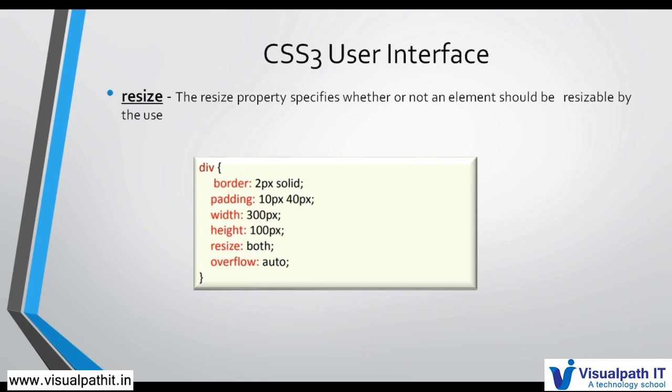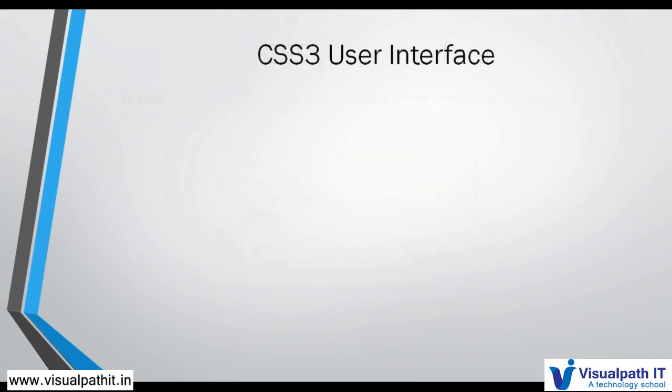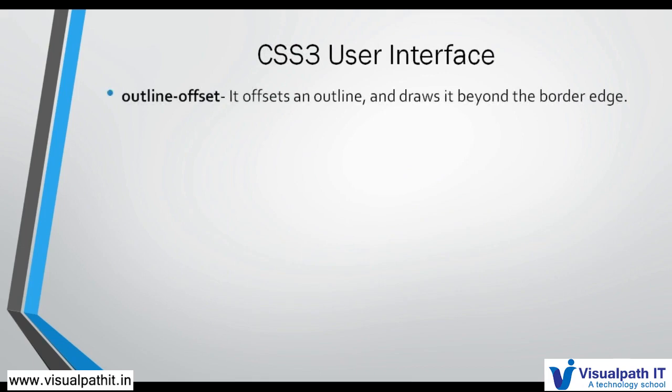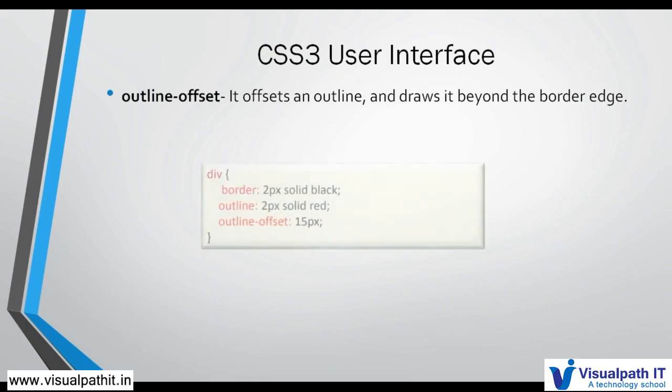So this should be used for resizing. For outline offset, it offsets an outline and draws it beyond the border edge. For example, we use the border, outline, outline offset.